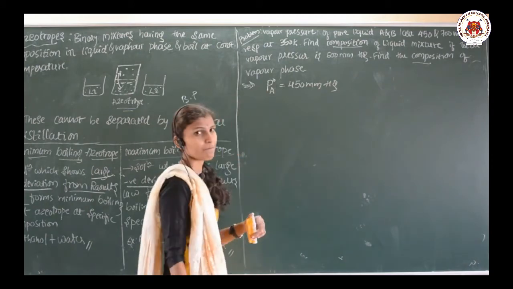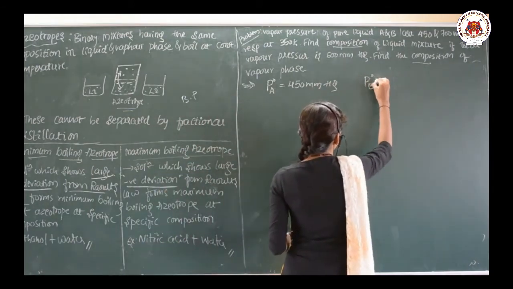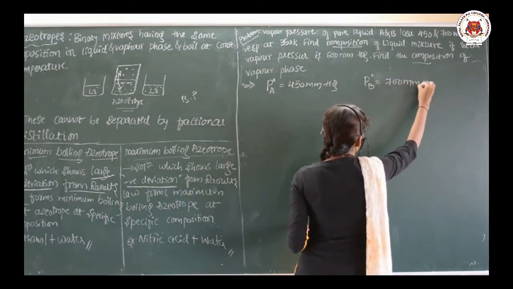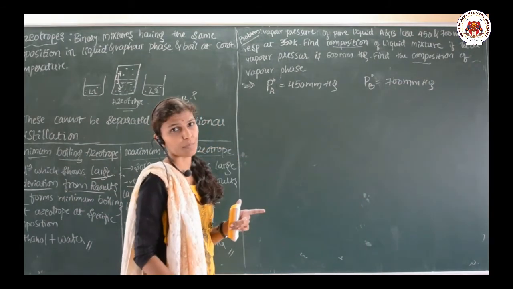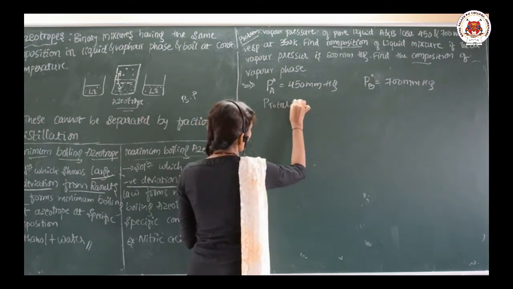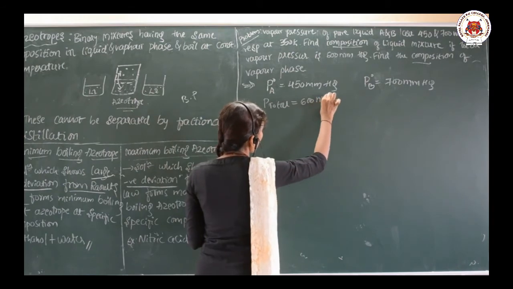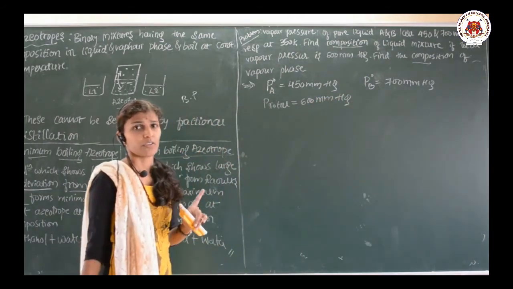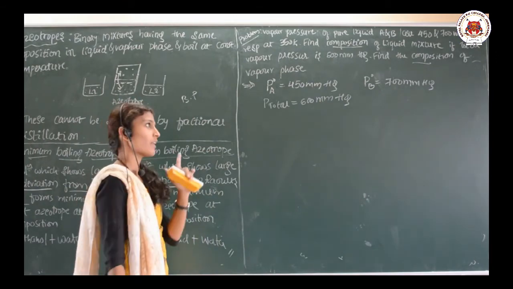Okay, and then PB naught is 700 mmHg, and one more they have given, the total vapor pressure, P total, 600 mmHg. Okay, we need to calculate the composition in the liquid phase and in the vapor phase.